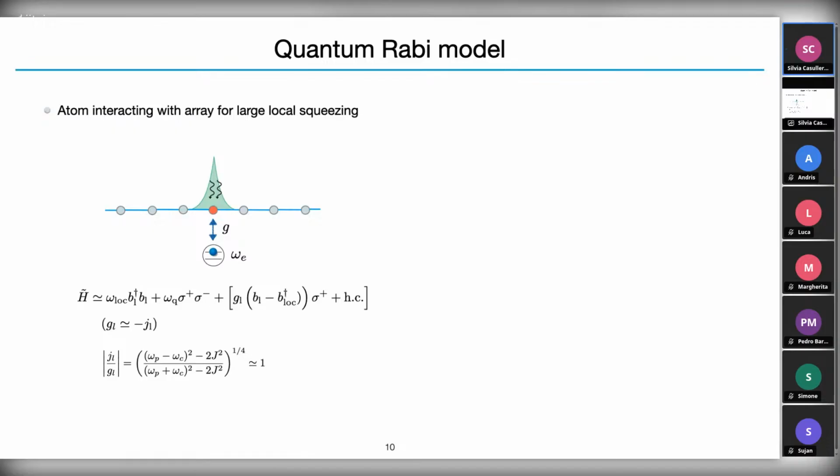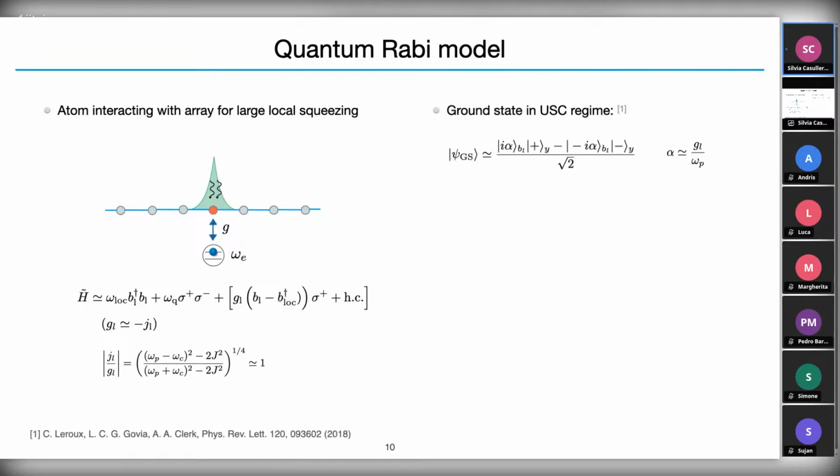And this is true in the limit of these two couplings, the counter-rotating and the non-counter-rotating, being very close to each other. And this happens when the squeezing is very strong. And then when you are like here, you can calculate the ground state of the system. And this is a very highly entangled state.